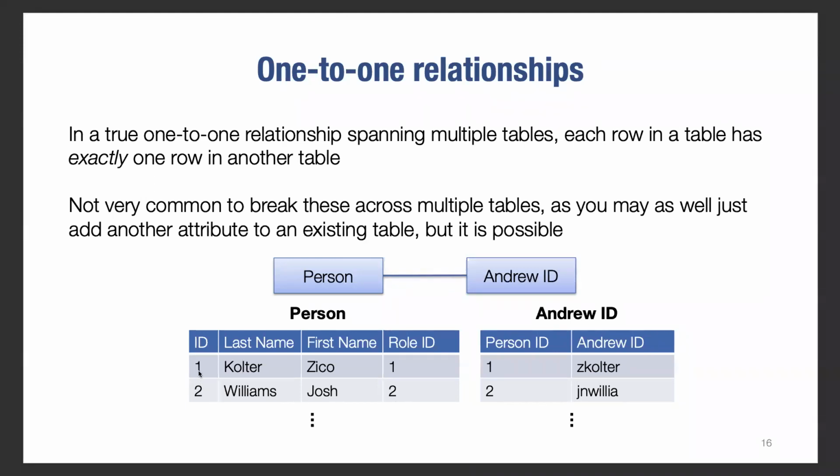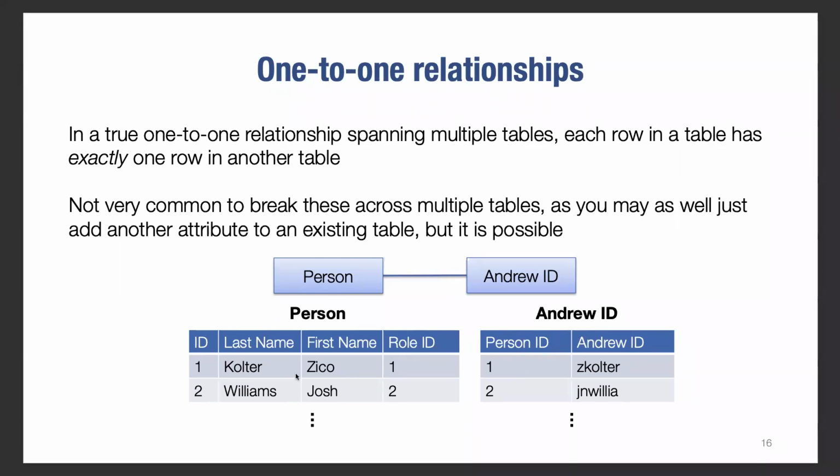So the example here is one person has just one Andrew ID. It's as simple as that. A person, Zico Coulter, with person ID 1, has his own Andrew ID, Z Coulter. And how do you know that it belongs to him? His ID is the foreign key in the Andrew ID table.